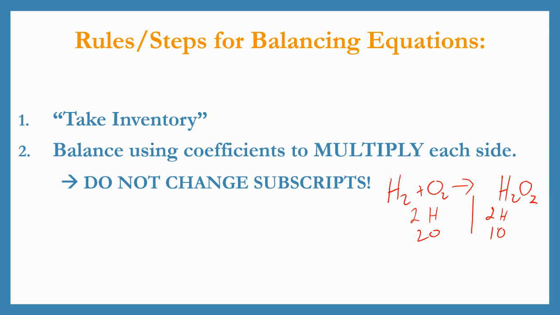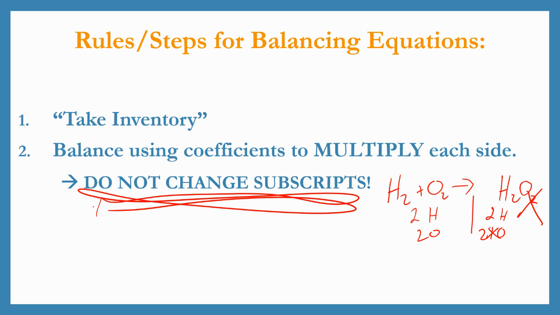I'm just going to do that, and now I have 2 oxygens. You can't change subscripts. Do not do that. That's going to change the chemical. We learned this already when we were doing compounds. H2O is water. H2O2 is peroxide, hydrogen peroxide. So it's a completely different substance. It's going to do completely different things. So you can't change subscripts. You have to change the numbers in the front if you're going to do this.